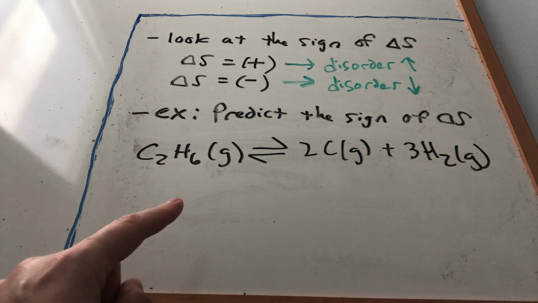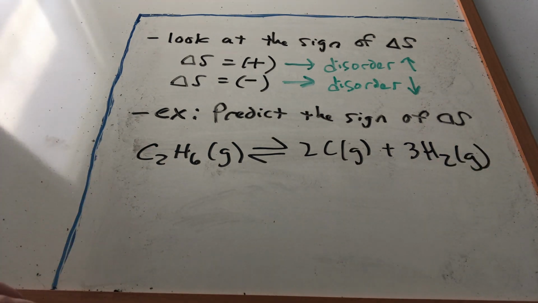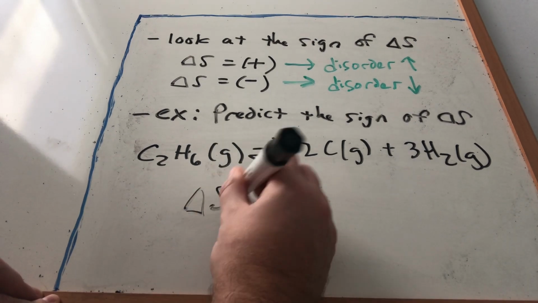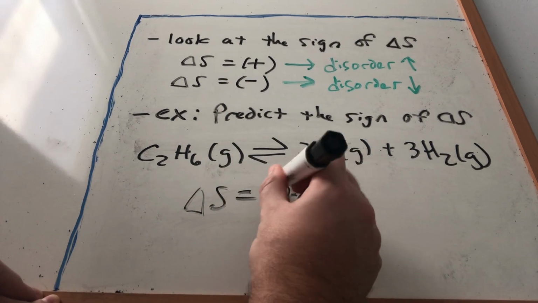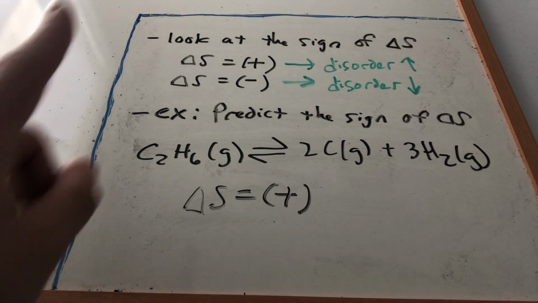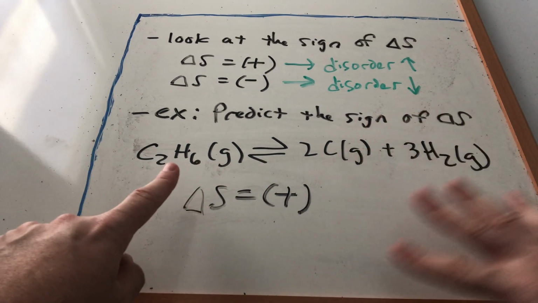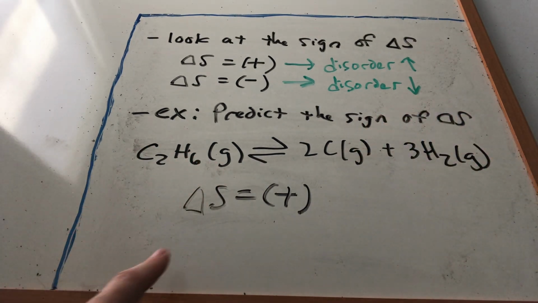So disorder, delta S, increased. There's one thing moving over here. There are 5 different things moving over here. It became more disordered. So just with these motion arguments, we can predict signs.